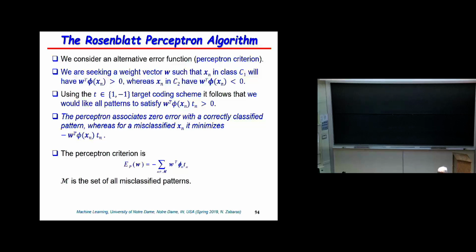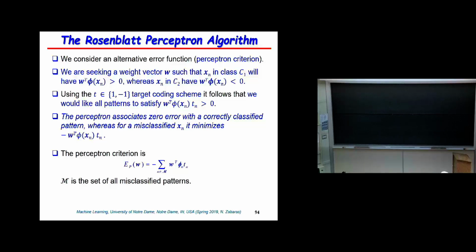And what I'm going to do is assign 0 error to points that are correctly classified, but for points that are misclassified, I am going to assign an error that looks like this. Say point T1 belongs to class 1. So what is T1 equal then? 1. And what is W transpose phi if I have misclassified this point?